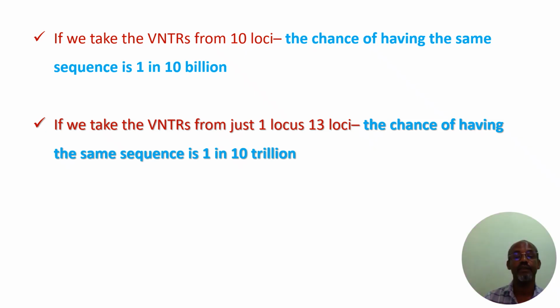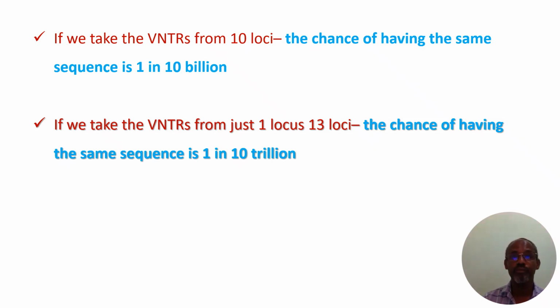This is what the CIA does. The chance of having the same sequence is 1 in 10 trillion. Trillion is 10 raised to 12. Almost no chance for two individuals having the same DNA profile.